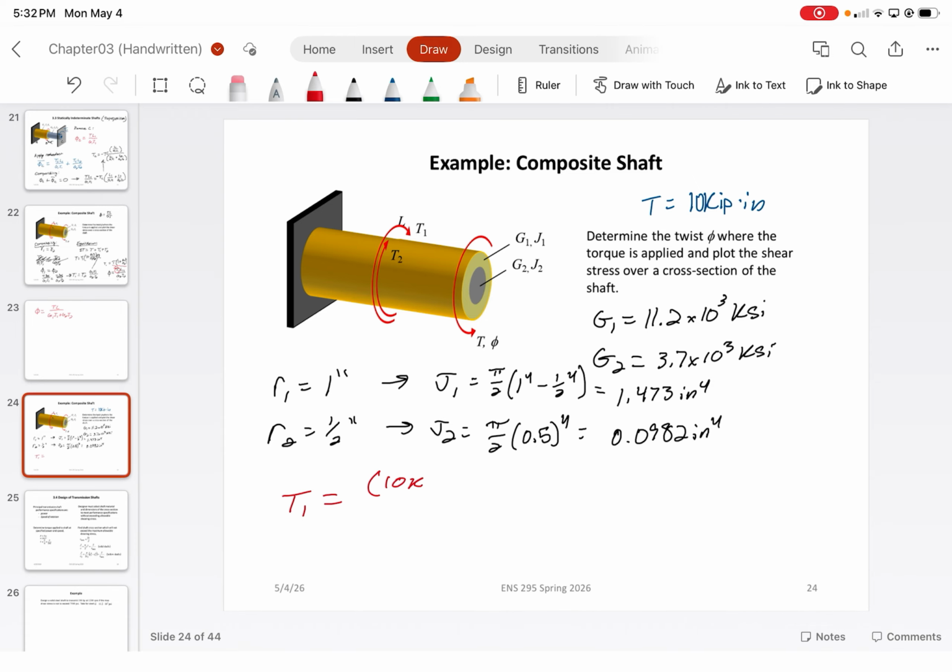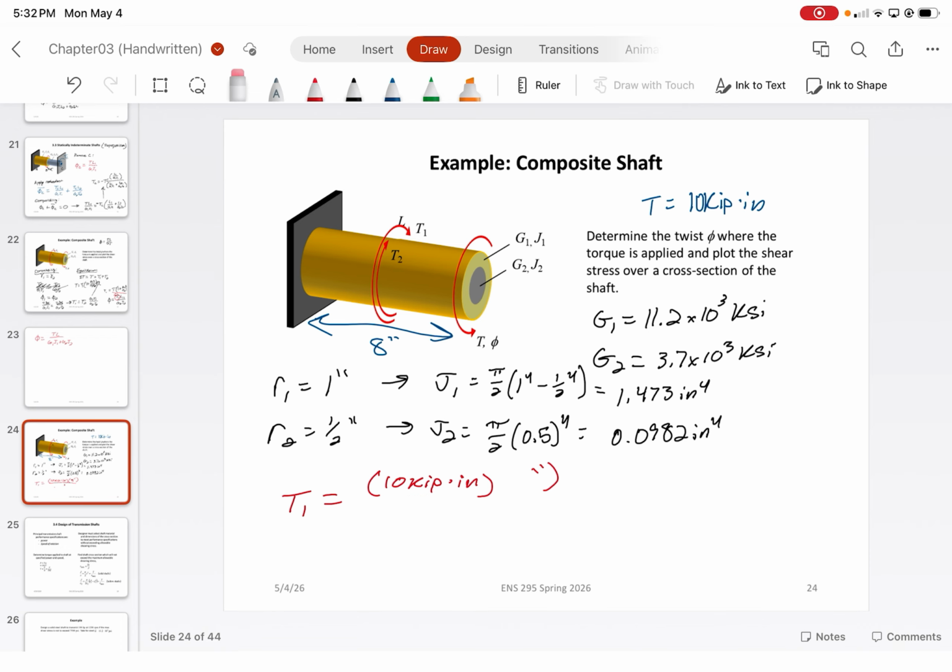So T1 would just be 10 kip inches times the length, let's say 8 inches, divided by G1, 11.2 times 10 to the 3.